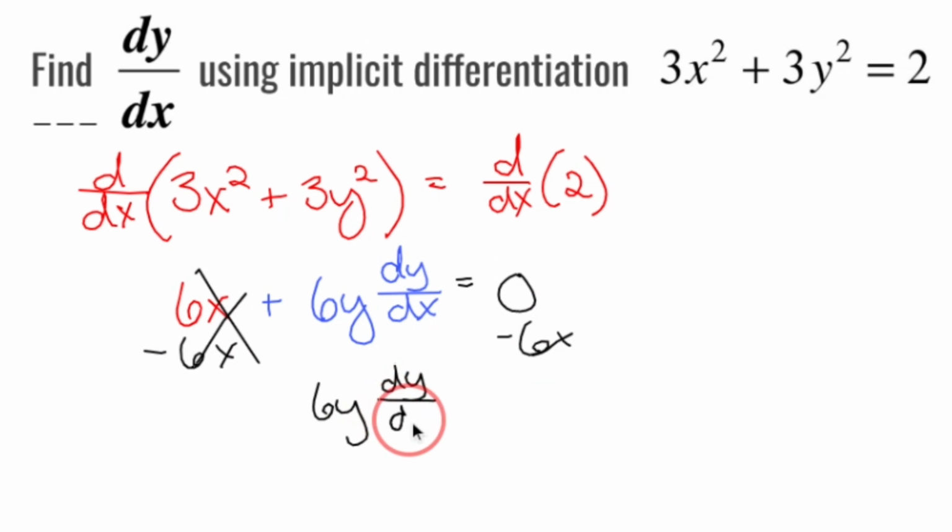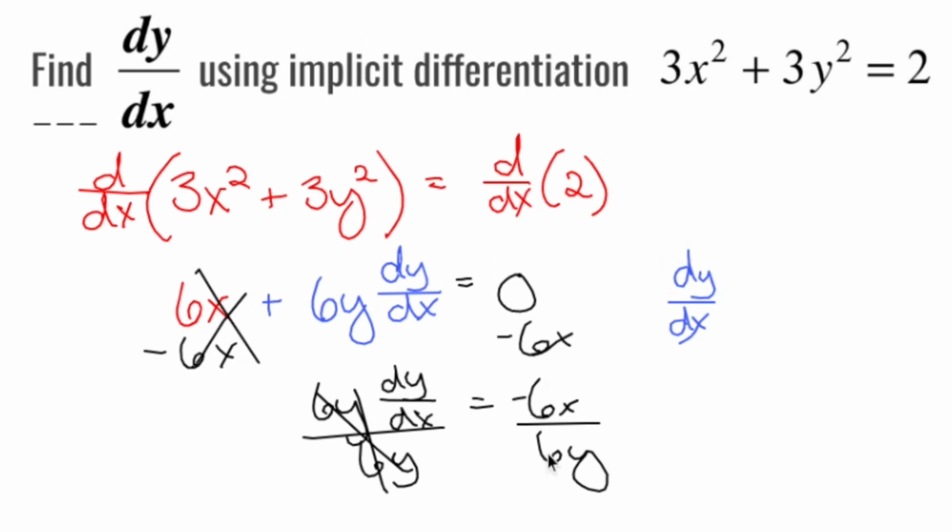I have to divide both sides by 6y, cross out, and I'll put over here my final answer: dy/dx, which is all by itself, equals negative 6 over 6, which cancels out, x over y, which is x over y. And that's my answer.